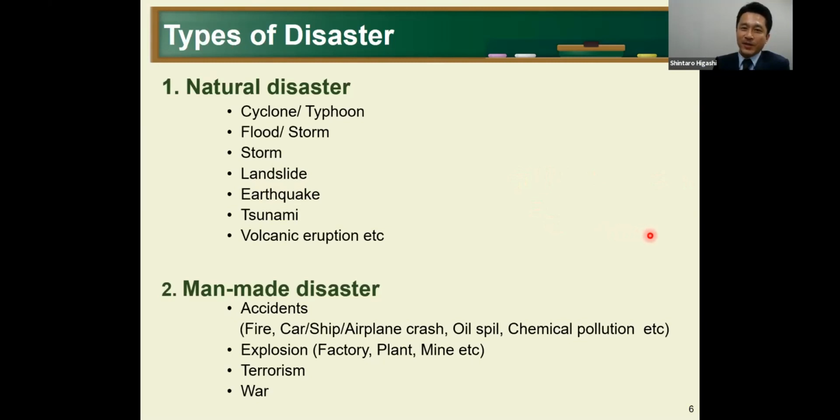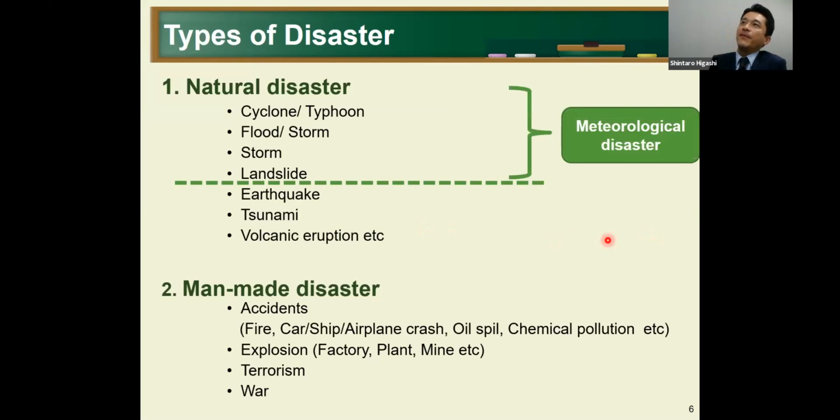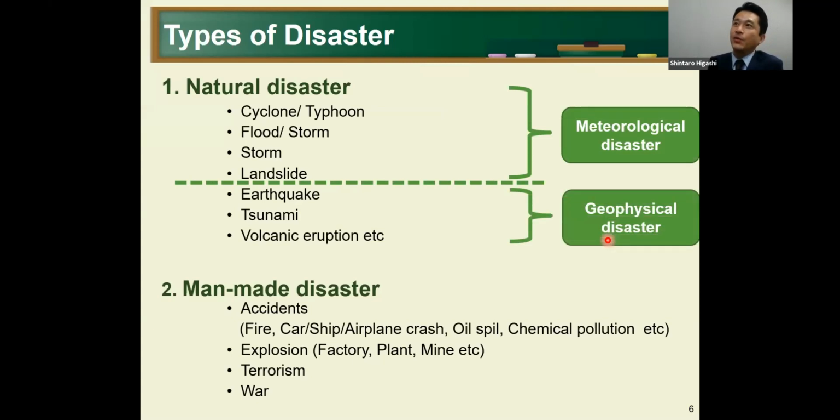Tracy, you're correct, and if a landslide is caused by an earthquake, you are correct. But landslides are often associated with heavy rain, so the line might be here. The upper group is meteorological disaster, and the other group is geophysical disaster.